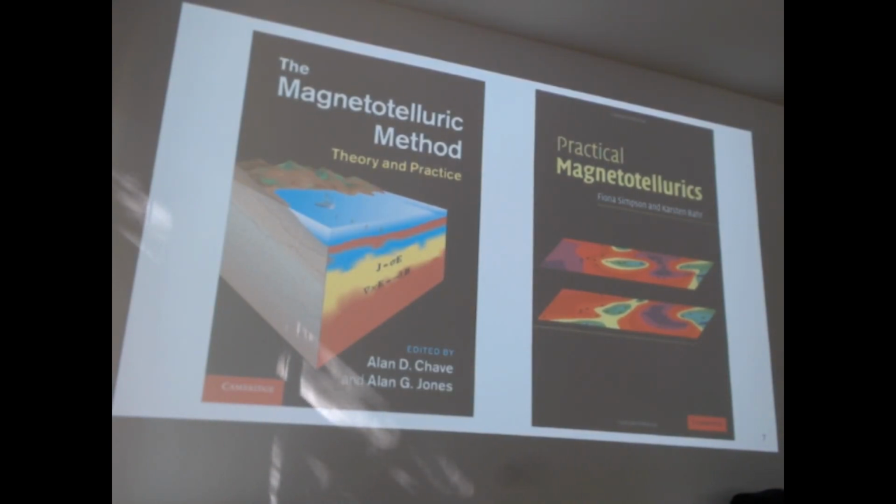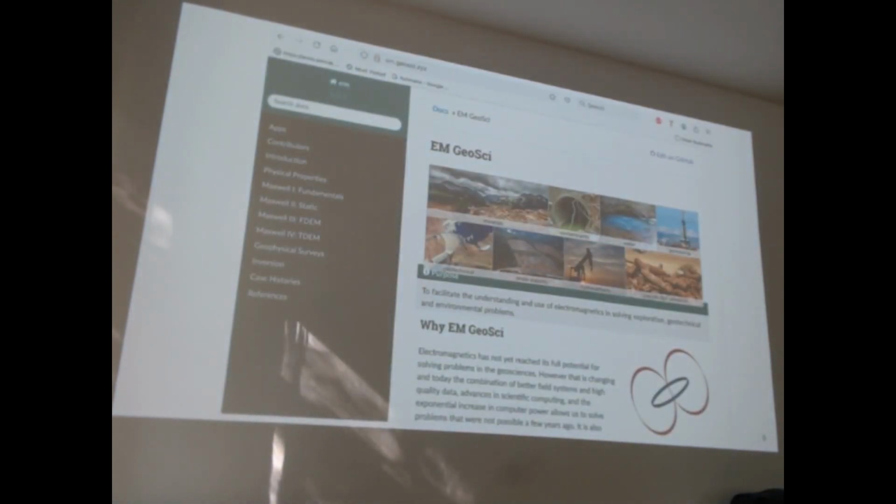One edited by Alan Jones and Alan Chave has a whole bunch of chapters written by various people. And then there's a little lighter book, Practical Magnetotellurics by Fiona Simpson and Karsten Bahr. And then there's a website, and if we have time, we'll play around with using some of their online tools today.